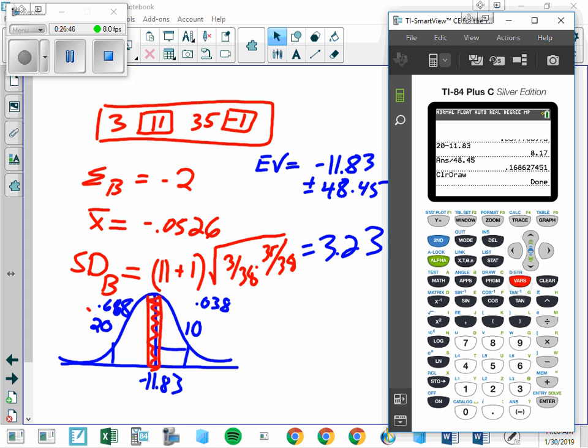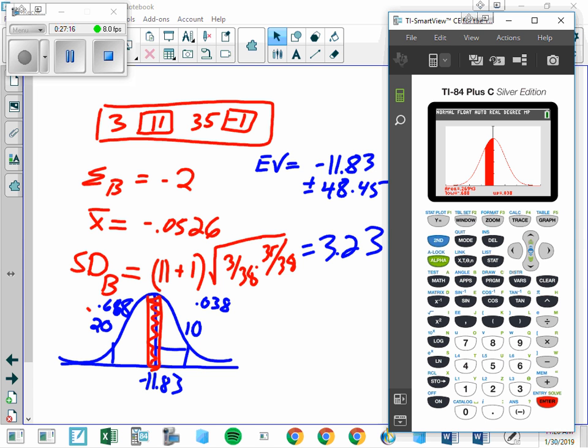All right, so shade norm from negative 0.688 to 0.038, and this is going to be like 8% or 10%. I don't know. It's not going to be very much. Oh, it's bigger than I thought. 26.9. Is that what you guys got?